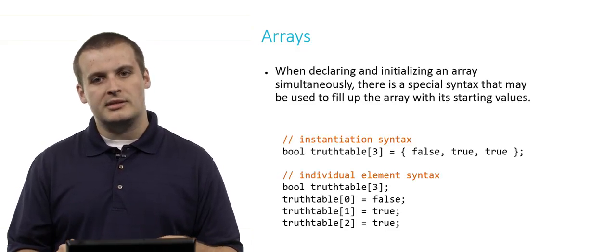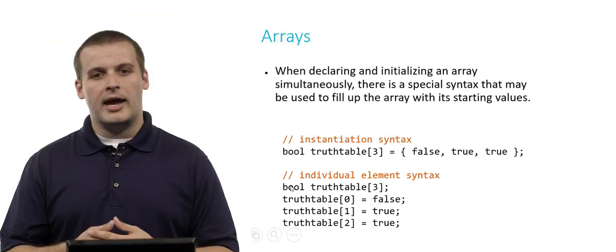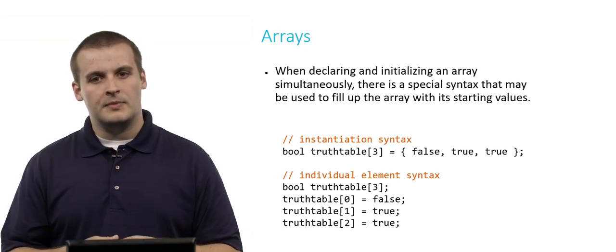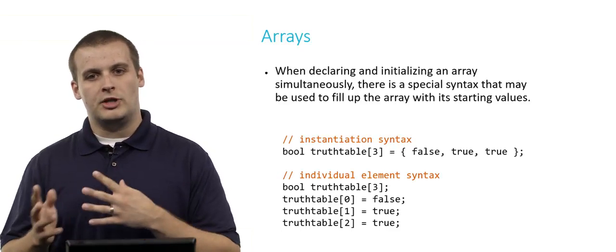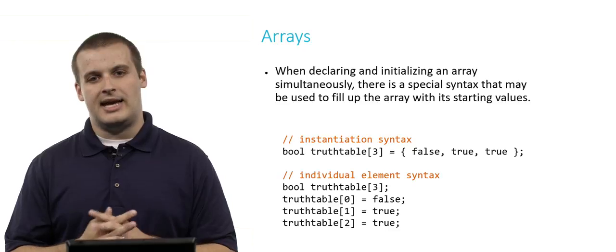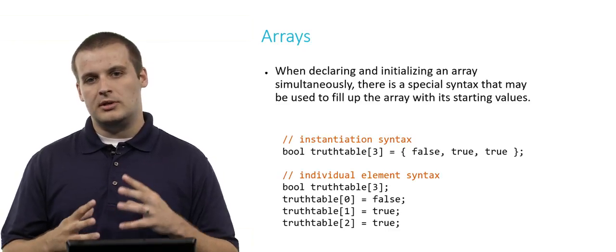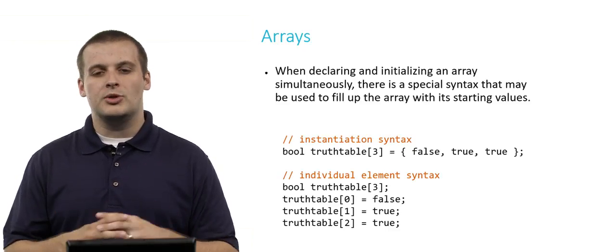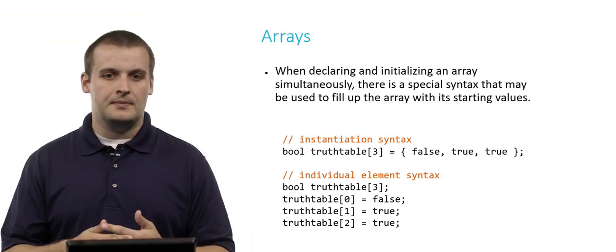Then close curly brace, semicolon. This creates an array of size 3 called truth table with elements false, true, and true. And in fact, the instantiation syntax I have here is exactly the same as doing the individual element syntax below. These two ways of coding would produce the exact same array.